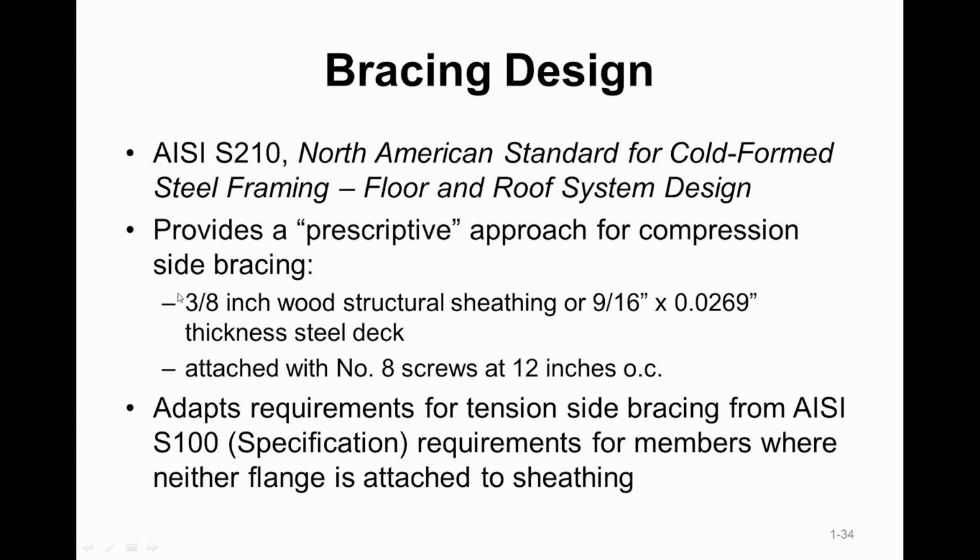What S210 tells me is that if I use a 3/8" wood structural sheathing or a 9/16 by 0269 steel deck with at least number 8s attached at 12 inches on center, I'm going to have an adequate floor system to provide stability for the top flange of that joist member or adequate diaphragm. For the tension flange, if I don't have sheathing attached, then I'm going to design that bracing member. And S100 will give me criteria for that. And we'll look at that in just a moment.